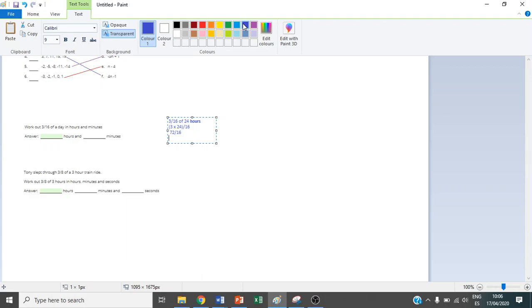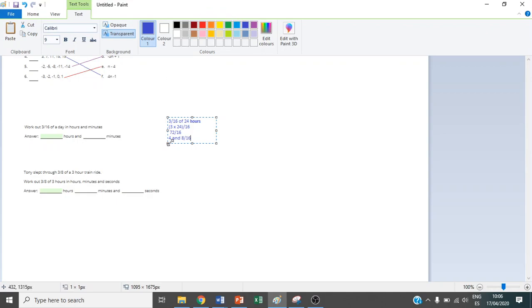I know that 5 times 16 would be 80, so that's too big. So maybe I'll try 4 times 16. 4 times 16, that would be 64. So 64 is not exactly 72. That is 8 less than 72. So this is going to be 4 wholes and 8 over 16, right?